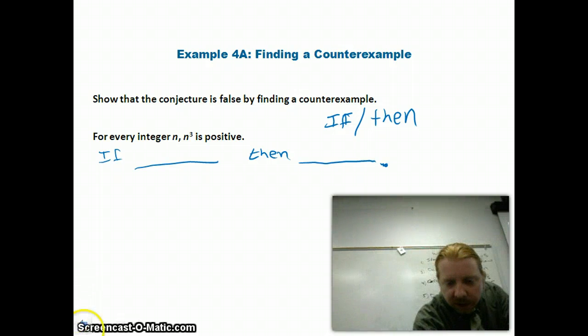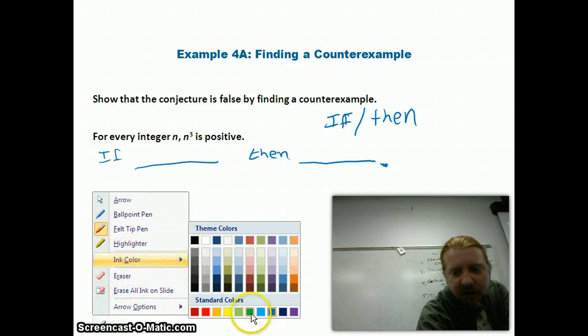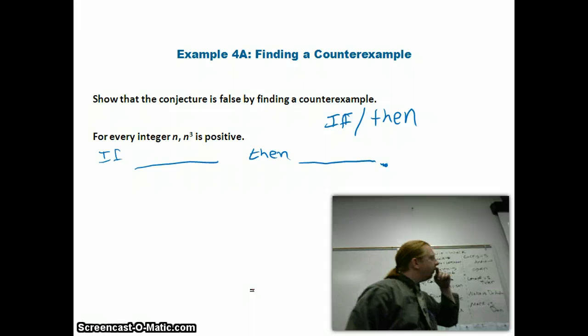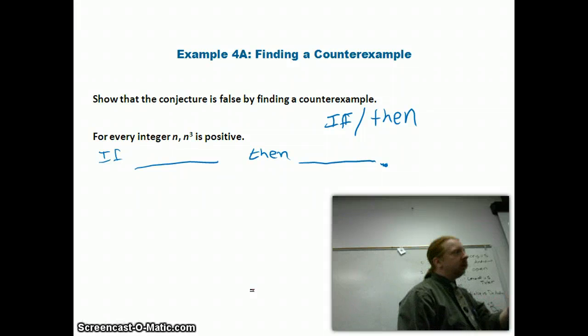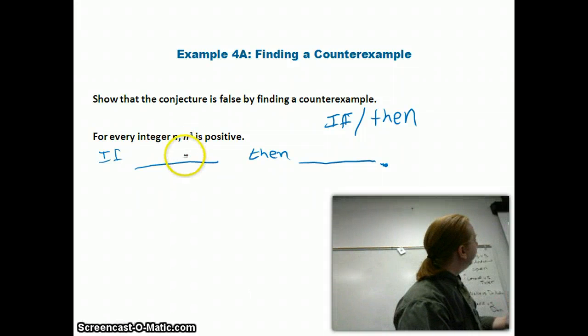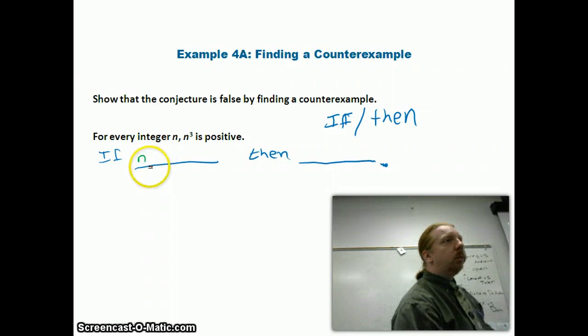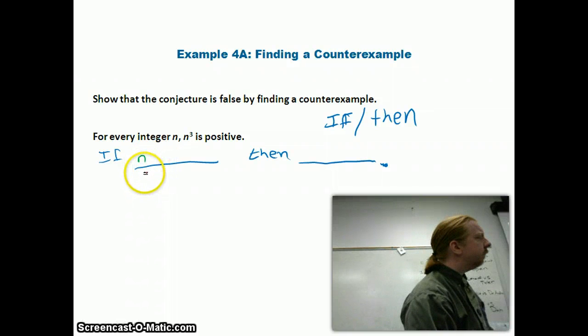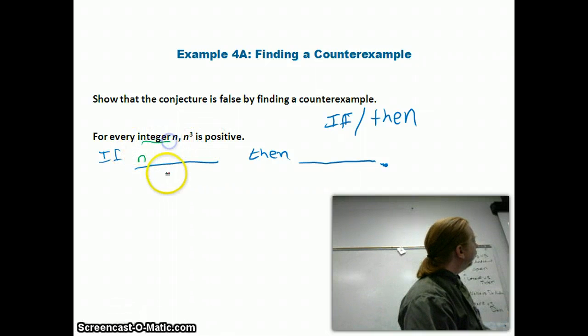Okay, so for every integer n, n to the third is positive. So if what is true? What's my thing I'm considering? I've got n, and what's special about n? It has to be, don't worry about this part here, if it's an integer.